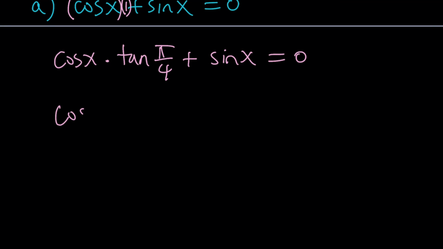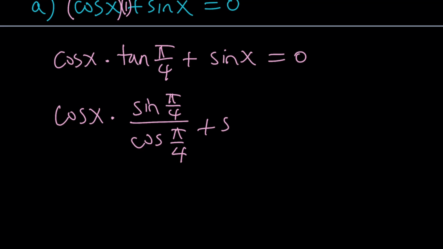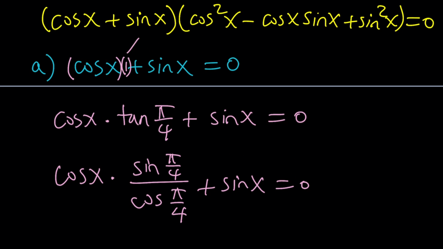Now I want to write tangent pi over 4 as sine pi over 4 divided by cosine pi over 4, plus sine x. Now this might be out of the blue, and where does that come from? Imagine you had square root of 3 instead of the 1 there, which is not usually written, right? And then you would replace it with tangent pi over 3, which is the 60 degrees, right? So that would be very helpful again.